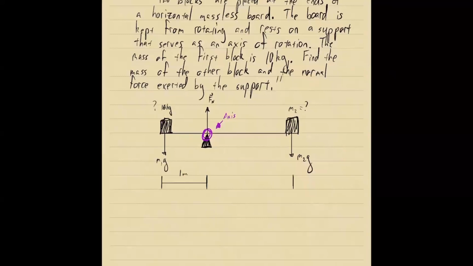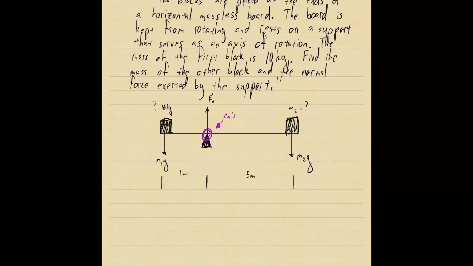And then the distance between our axis and this second block is going to be 5 meters. So the second block's a little bit farther away. All right, so we're trying to find the normal force and the mass of the second block. So we're going to start by trying to find the mass of the second block.